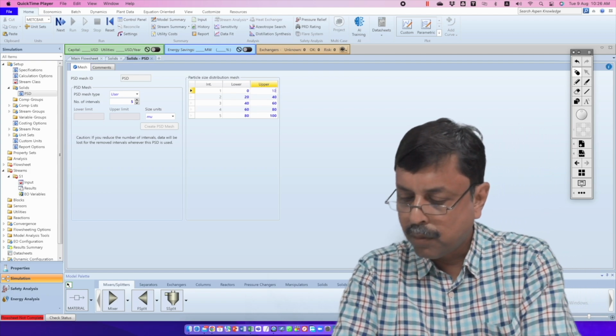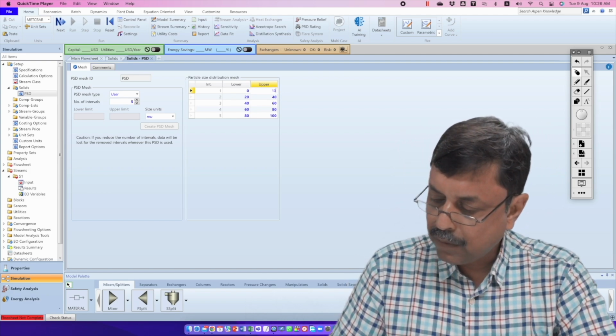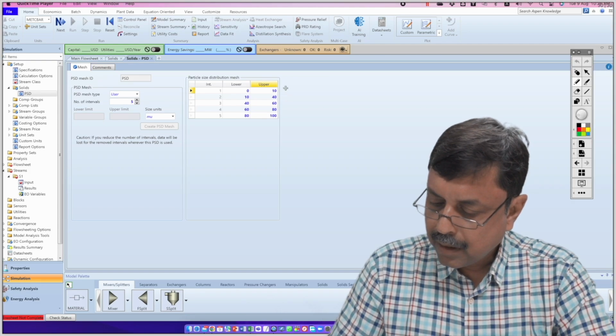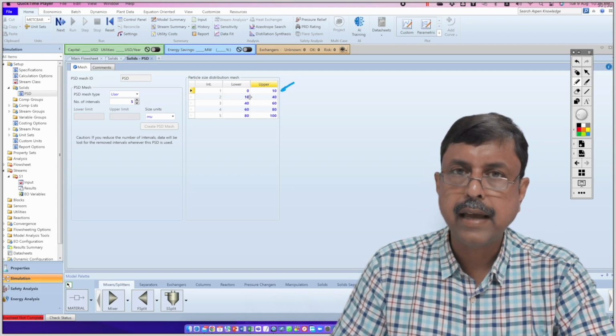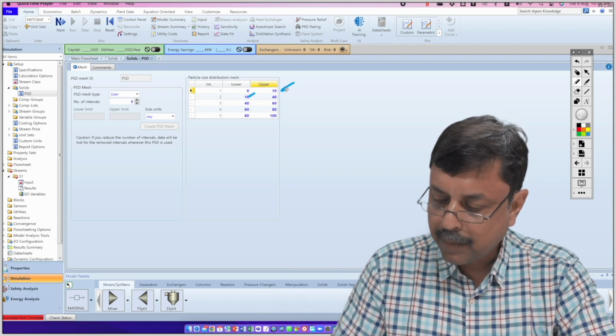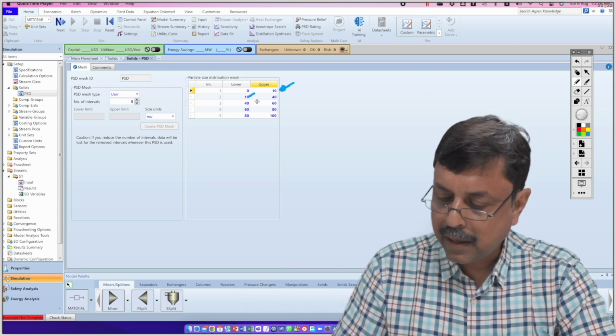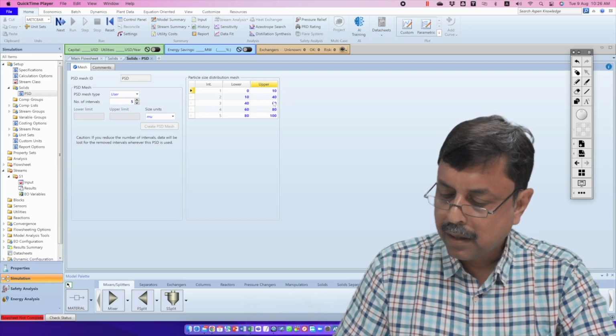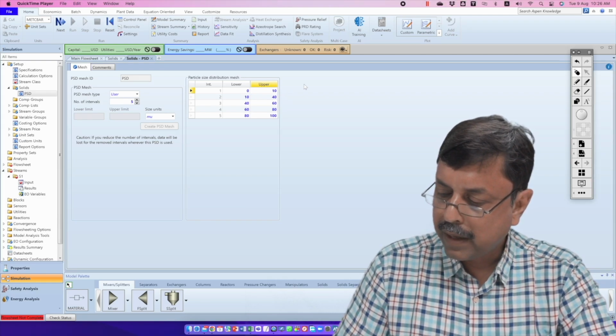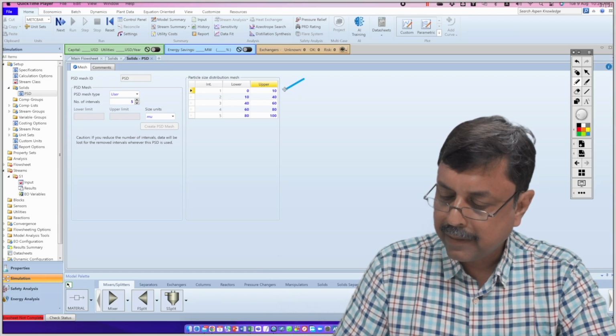The moment you place 10 over here, the lower limit of the next interval will be fixed at 10. Because your upper limit over here has been set as 10, 10 will come automatically.